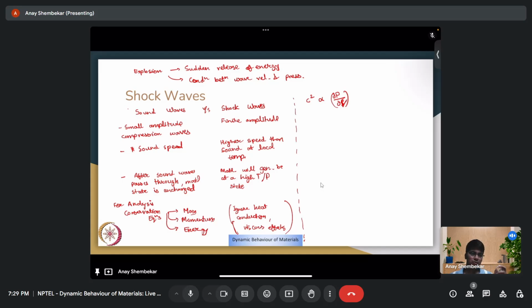For the case of solids, we know that C squared is proportional to the derivative of sigma with respect to epsilon at a given epsilon. Similarly, for gases, it's proportional to the derivative of pressure with respect to specific volume at a particular given volume. This would give you the local sound speed.